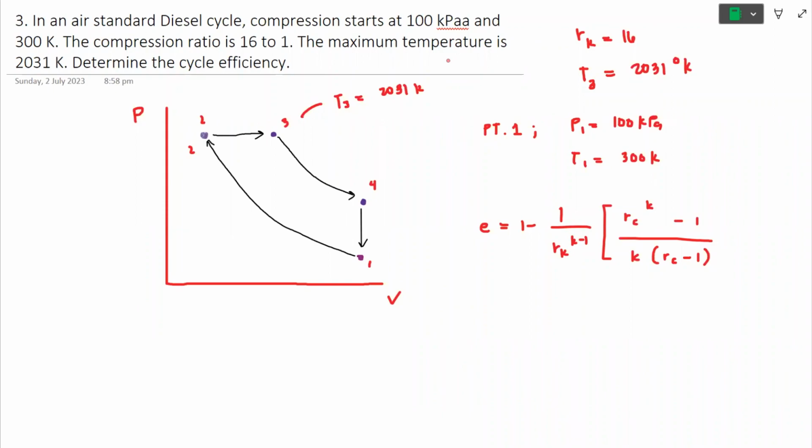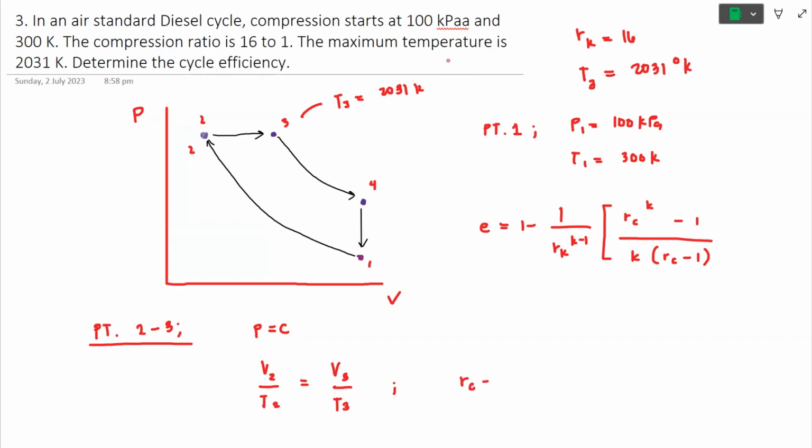So, the cut-off is at 2 to 3. Ano bang condition dito? This is constant pressure. So, ibig sabihin, V2 divided by T2 equal to V3 over T3. Yung cut-off ratio is the ratio between yung mataas na volume dun sa maliit na volume.